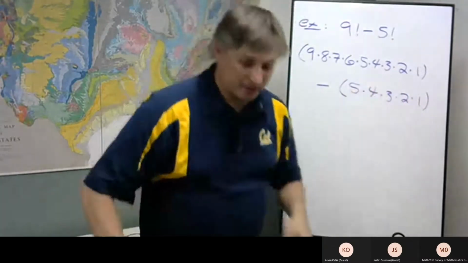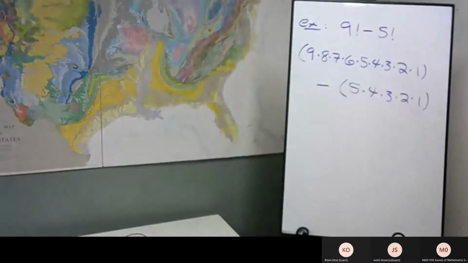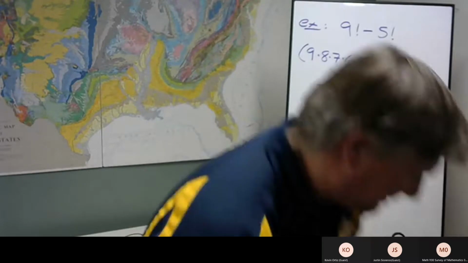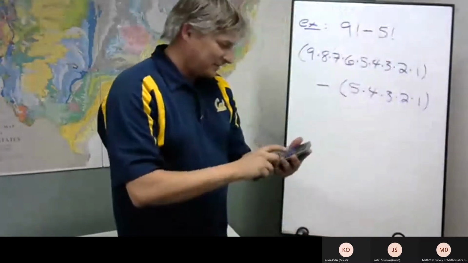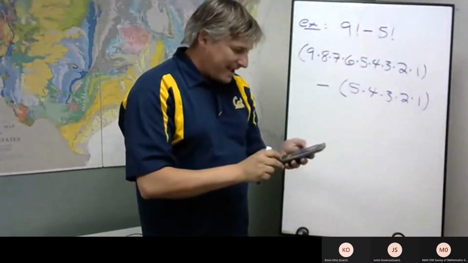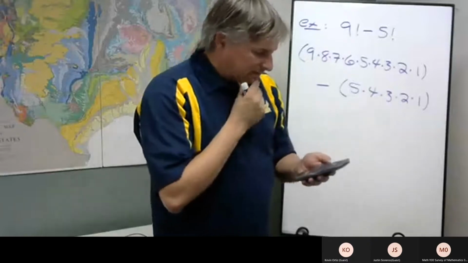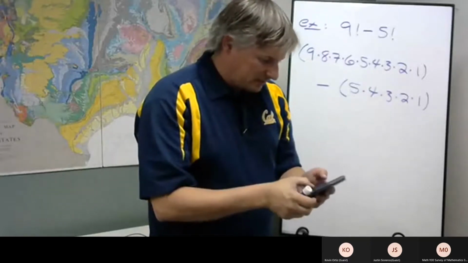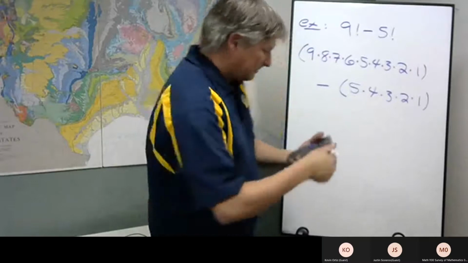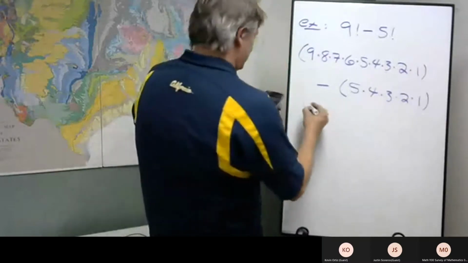Let me grab a calculator real quick, because 9 factorial is not a trivial calculation. Now, if you have a scientific calculator, there's usually a factorial on your machine.